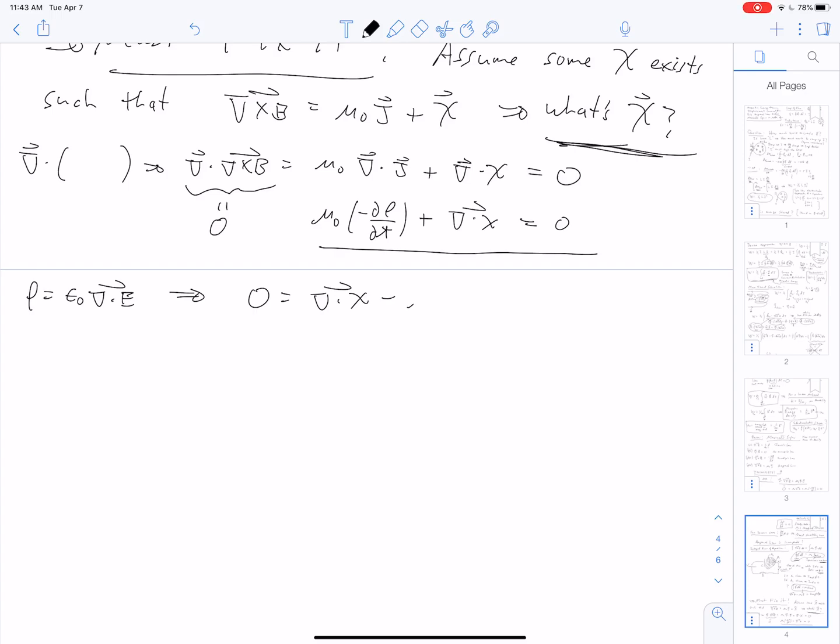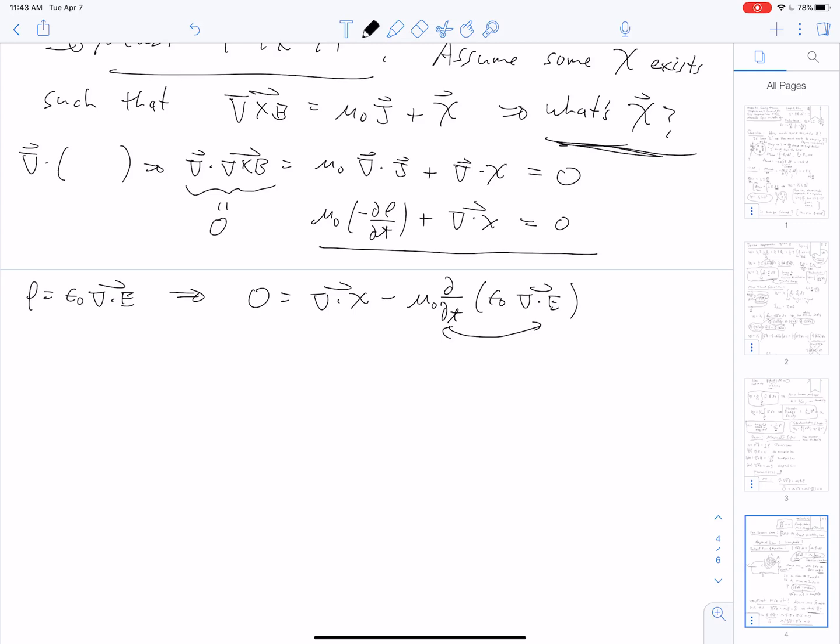minus mu naught d dt of epsilon naught del dot E. But of course we can just rearrange these because these operators are interchangeable, the del and the d dt, they commute.